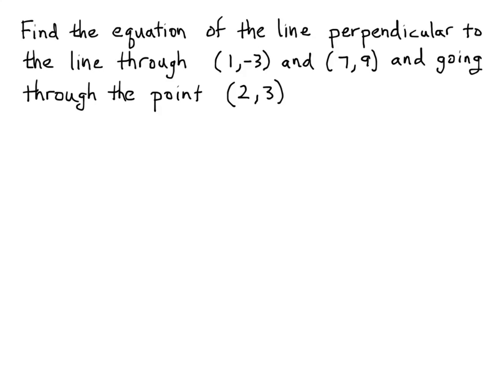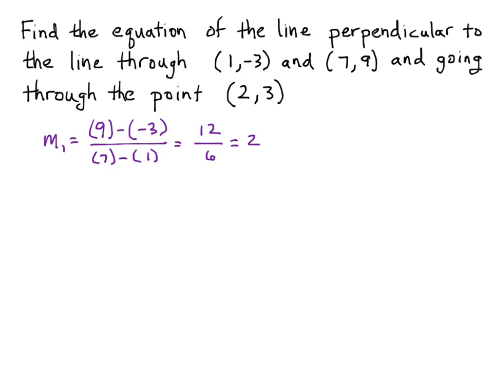So all you have to do with the first thing is calculate the slope. You can certainly find the equation to that first line, but you don't need to. All you need to do is calculate its slope. If we calculate the slope, that's the difference in the y's divided by the difference in the x's, and I get a slope of 2. So what do you think the slope of my perpendicular line is going to be?